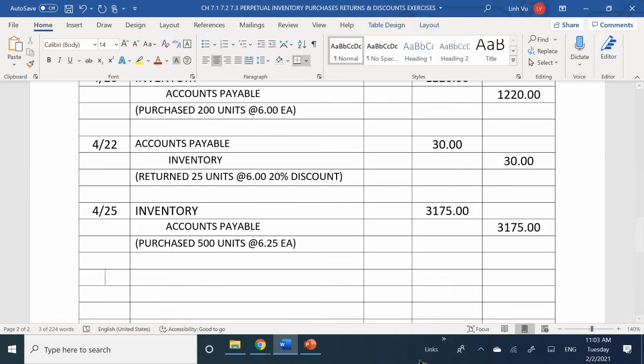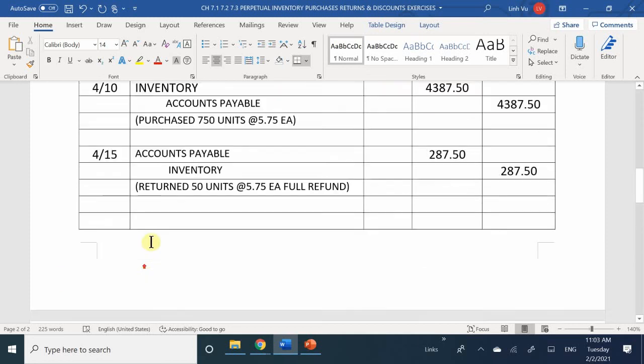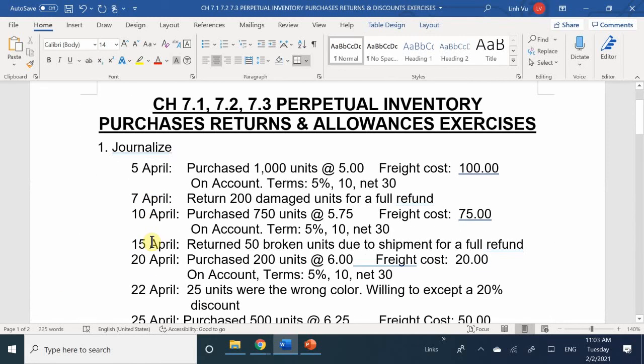So, this is for 30. What was our very first purchase? 1,000 units at $5. Now, we also made a return, right?